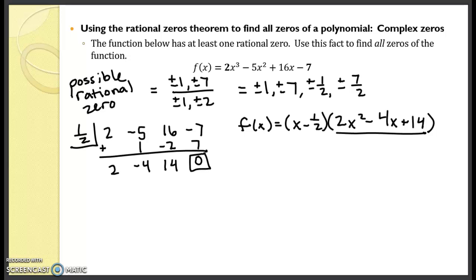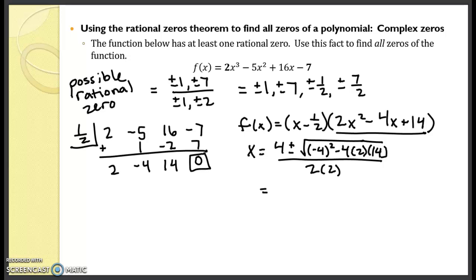So that means my other zeros are of that form. Negative b is 4, plus or minus the square root of b squared, -4 squared, minus 4a, which is 2, and c, which is 14, all over 2a, or 2 times 2.